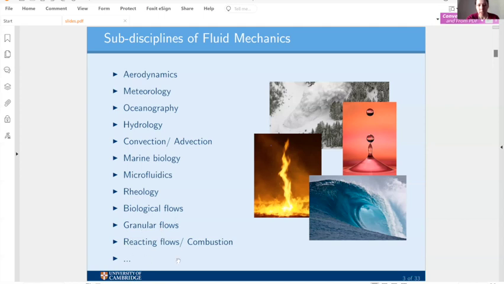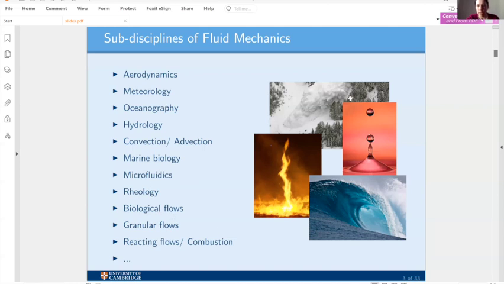And we can also consider reacting flows and combustion as a part of fluid mechanics. Now, the list here is by no means exhaustive, and it is also not mutually exclusive. So we can have a fluid mechanical problem that spans several of these subdisciplines, and also very similar problems can arise across different sub-areas here.